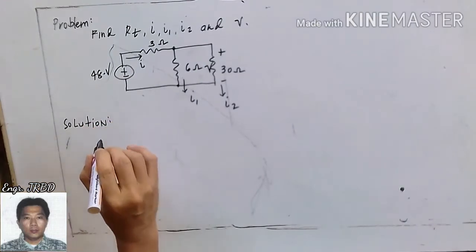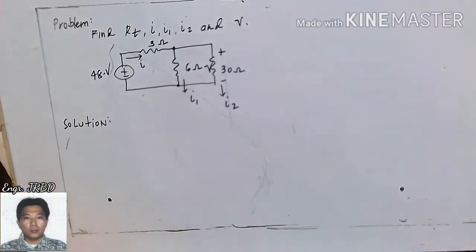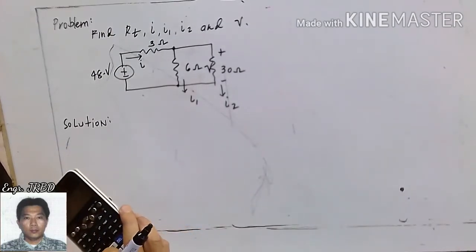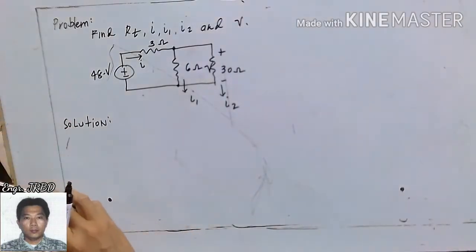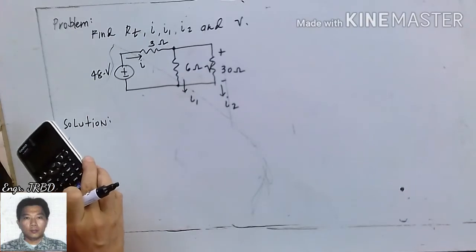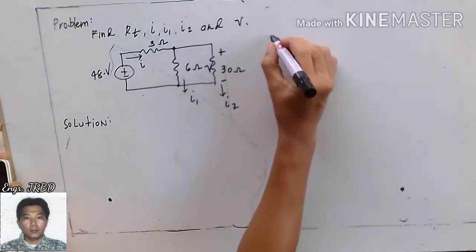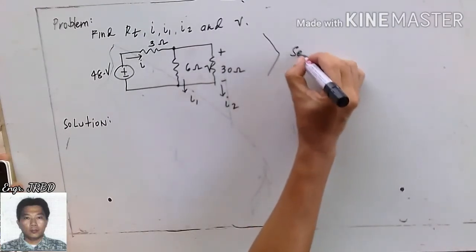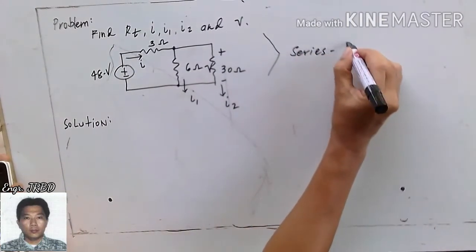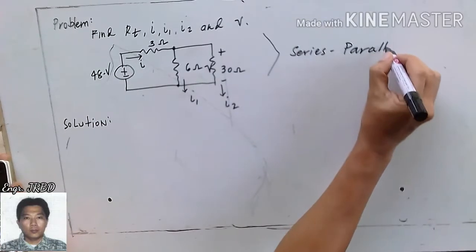So as you can see, in the problem that we have here, this is a different circuit as compared with the one that we had a while ago. This is a series parallel combination.